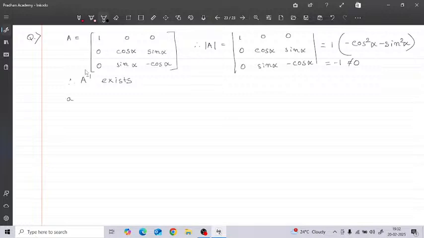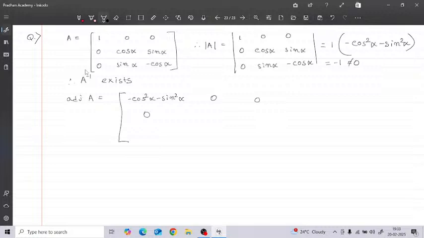Now adjoint of A. What is my adjoint? First take the cofactor, we get minus cos square alpha minus sin square alpha. My second cofactor will be 0. My third cofactor is also 0.